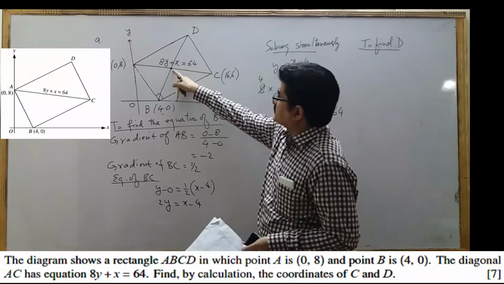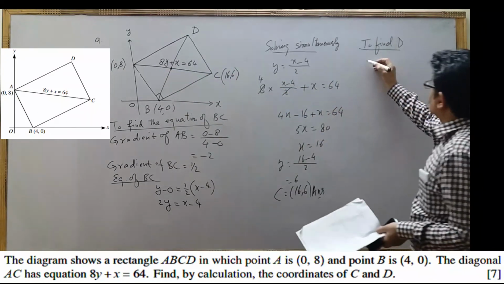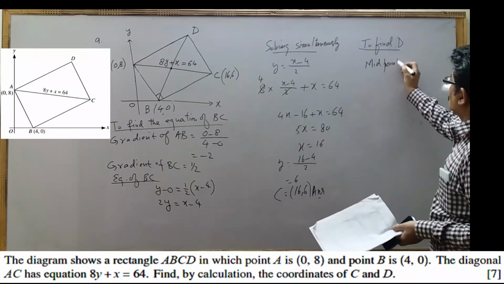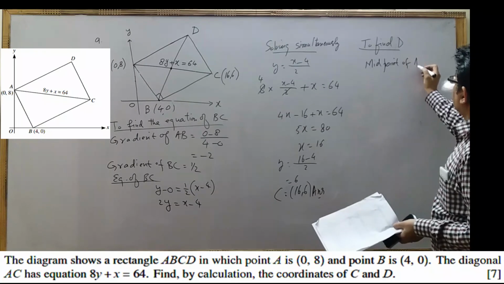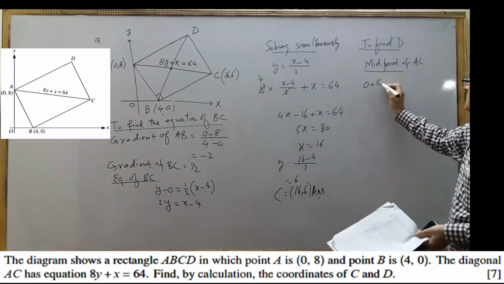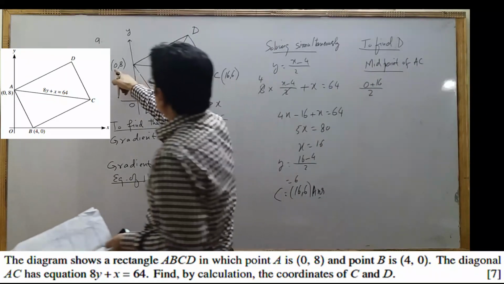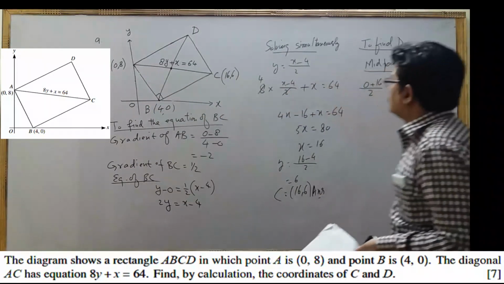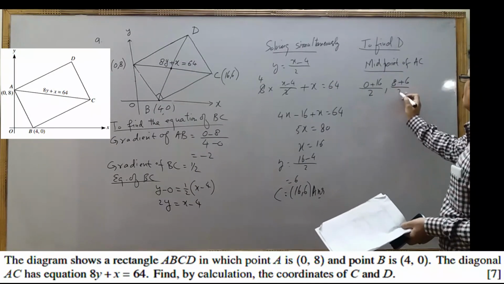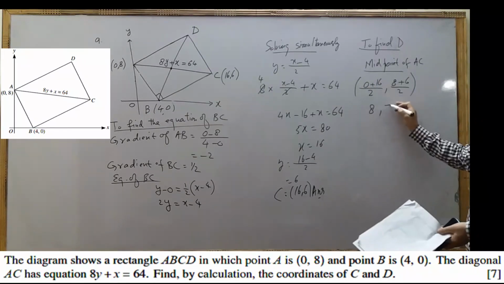So we will find firstly this point, which is the midpoint of AC. Midpoint of AC: 0 plus 16, meaning x1 plus x2 divided by 2, and then y1 plus y2 divided by 2. Now this is 8, this is 7.